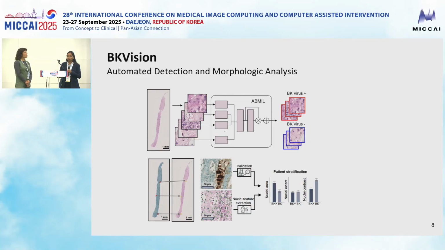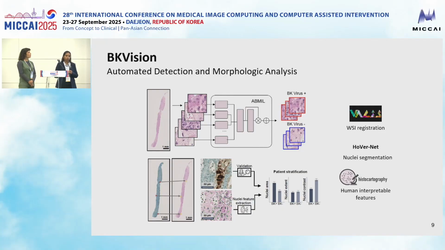In the second stage of the pipeline, we take these patches and register them with the corresponding IHC, and then we can do quantifiable analysis and create human interpretable features such as area and size of the cell and texture analysis, and see which ones differ the most between the two populations.